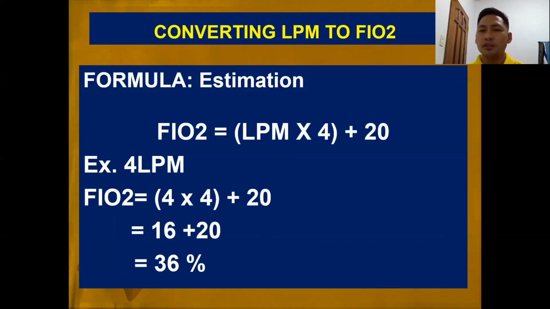You might be wondering, saan kinuha itong 4? Saan kinuha itong 20? 20 is an estimation since when we breathe, 21% of the air is oxygen in the atmosphere. 21% oxygen, 78% nitrogen, and 1% for other content, that includes carbon dioxide.